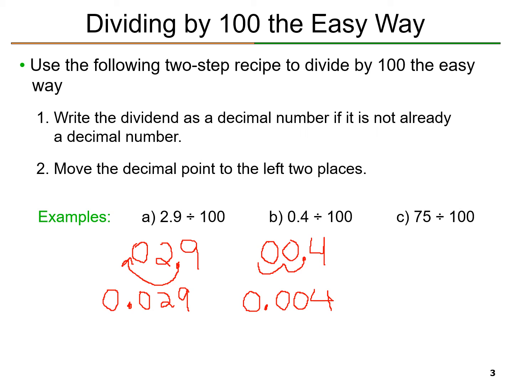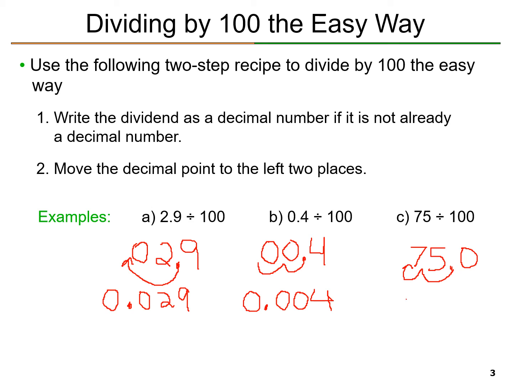Okay, and the last example, we're going to divide 75 by 100. In this case, the dividend, which is 75, is not a decimal number, so we have to write it as a decimal number. That's done by writing it down and adding a decimal point and a 0. Now we go to step 2. Move the decimal point to the left 2 places: 1, 2.